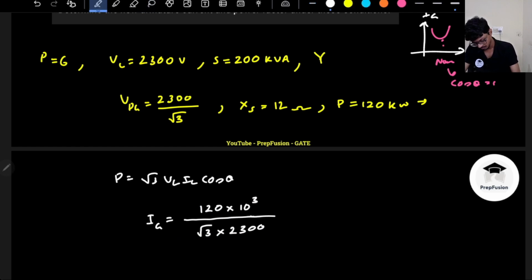So this will be 12000 divided by root 3 into 2300, which comes out to be 3 amperes. Am I correct here? I think no, a 10 I am missing. So 30.12. The armature current cannot be this low. 30.12.